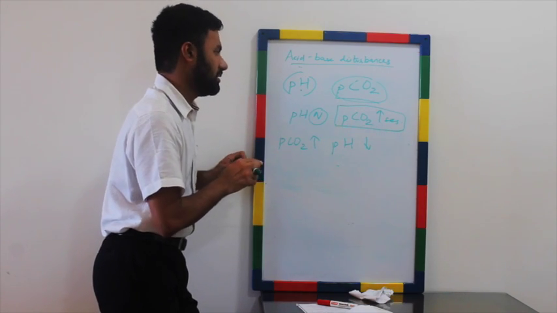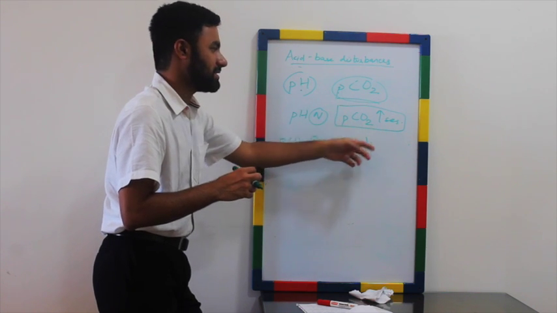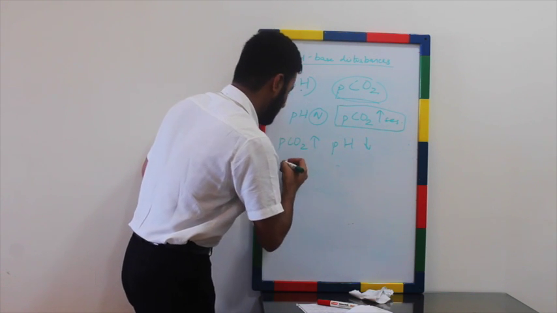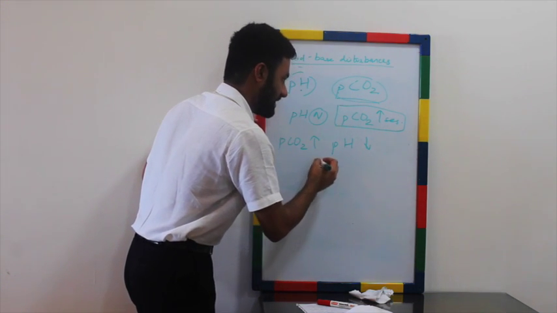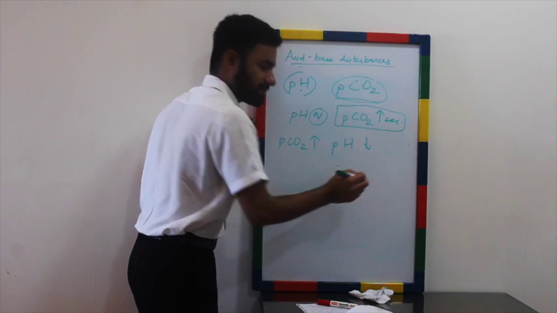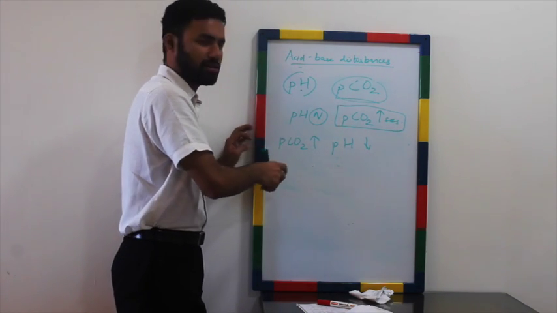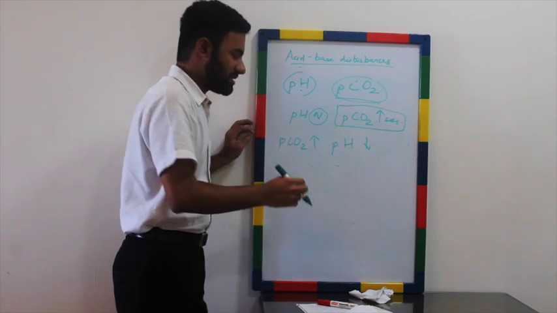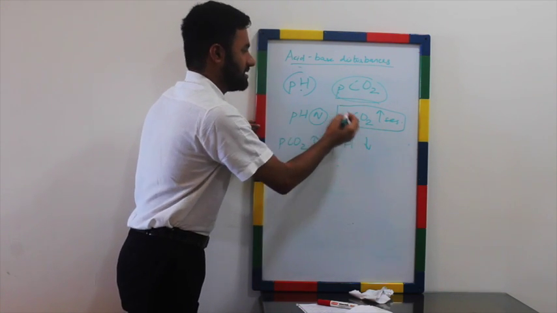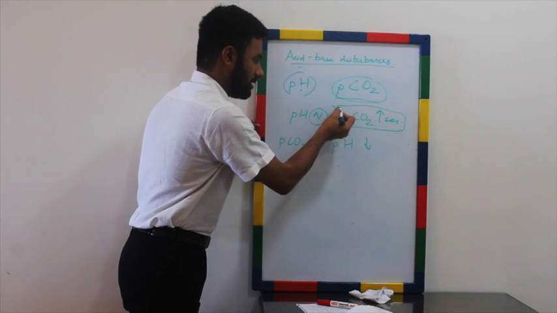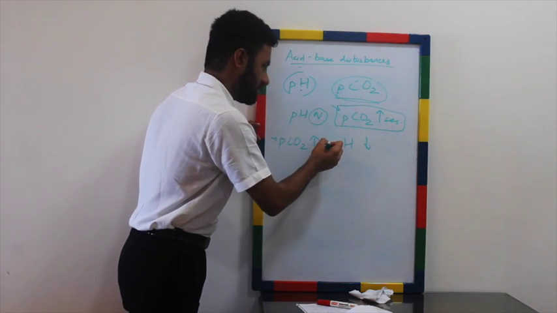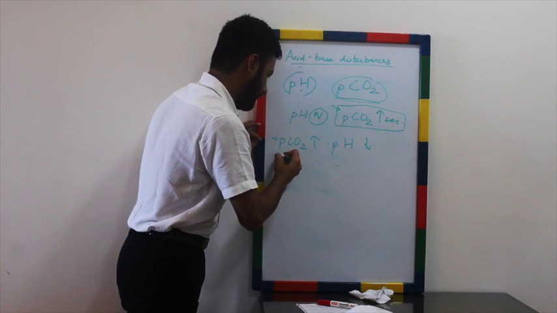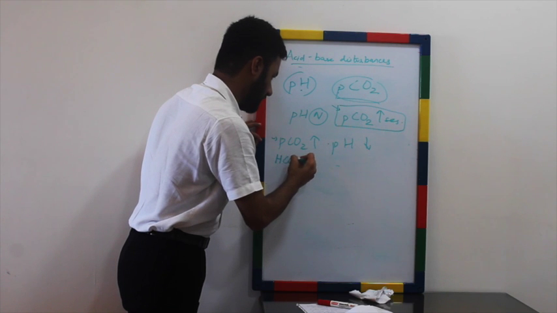So in this case, if the pH is normal and there is an increase in the PCO2, it means that there is a respiratory acidosis with a metabolic alkalosis. It is a mixed disorder, hence there is no primary and secondary. The explanation is that if the PCO2 increases in the body, the pH should decrease, and the compensatory mechanism will be an increase in plasma bicarbonate.